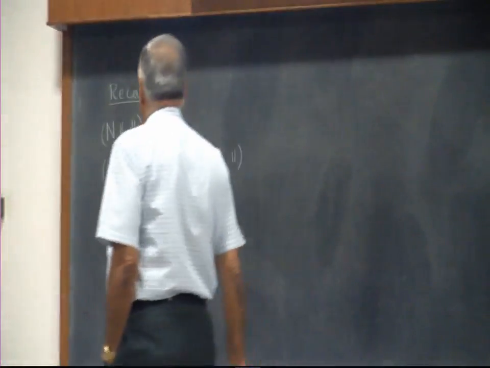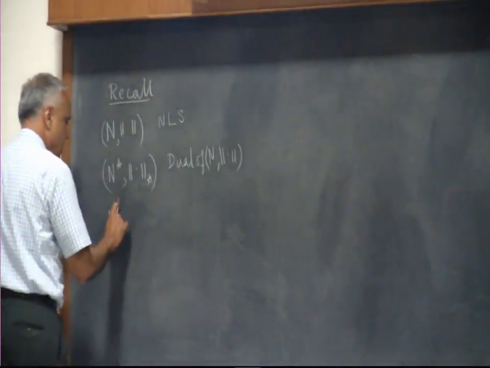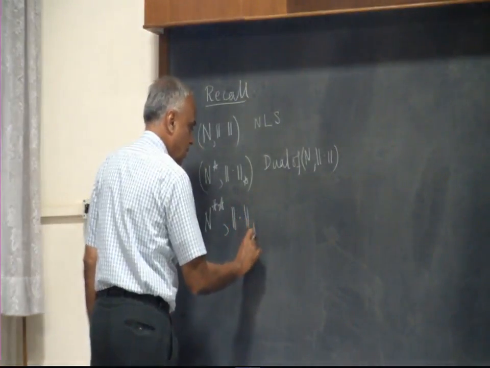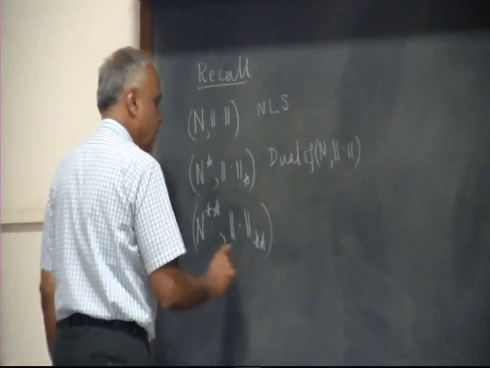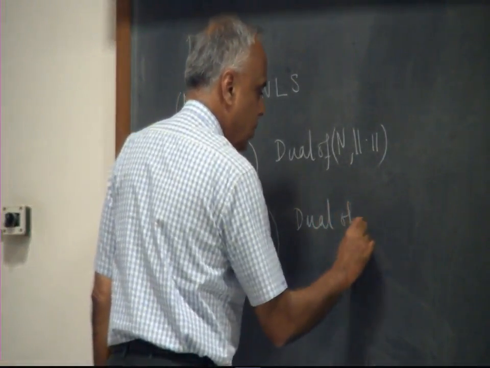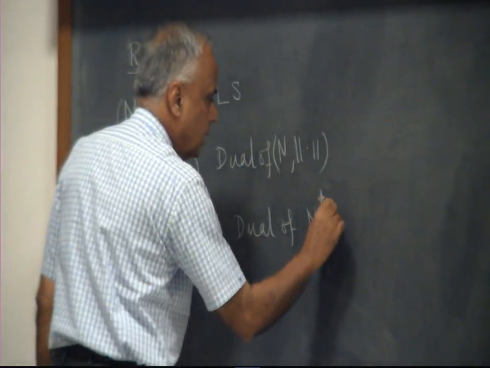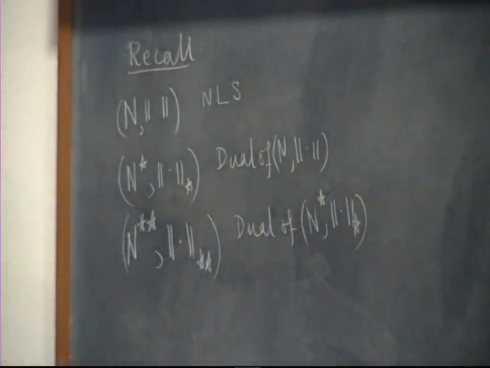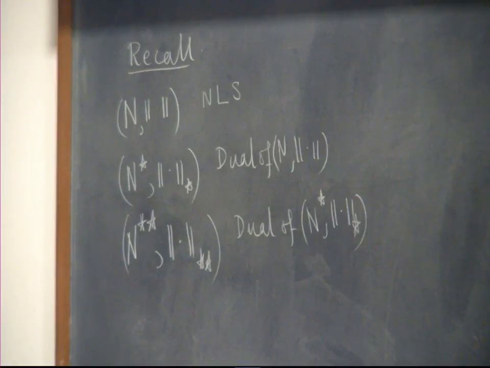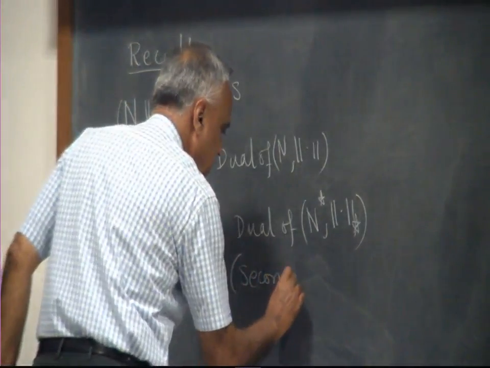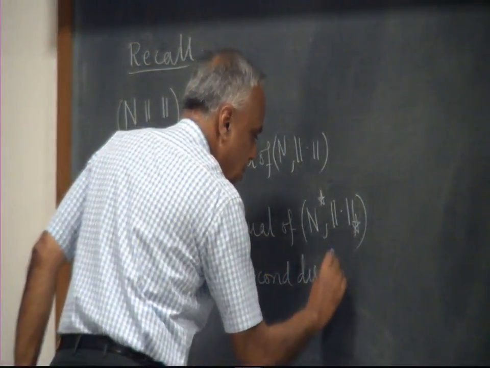So therefore N double star is the dual of N star. And this we call the second dual of N.